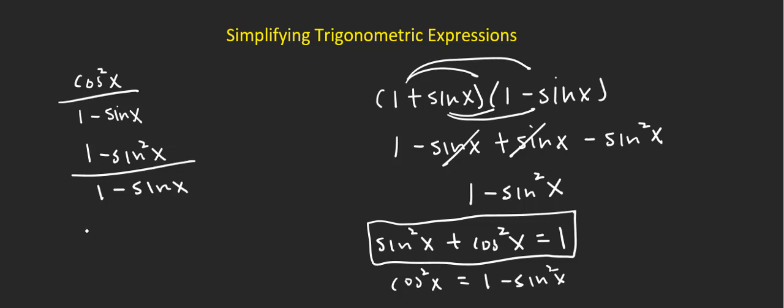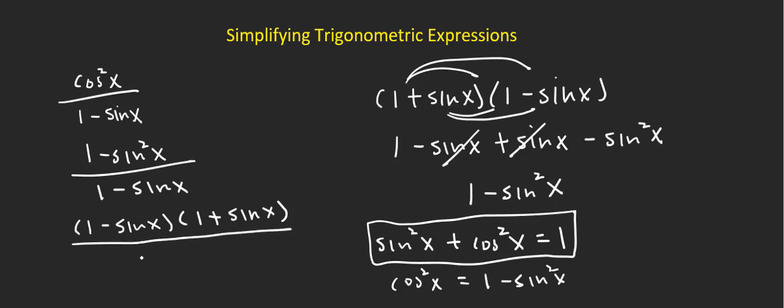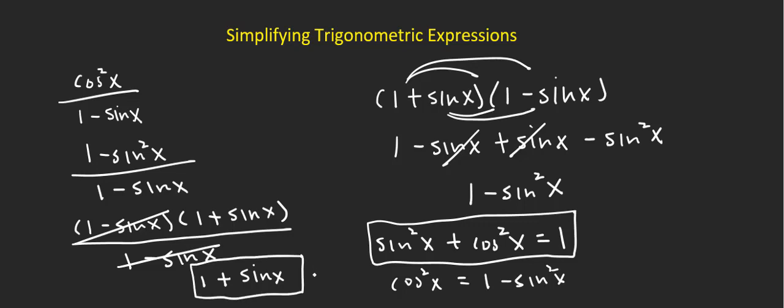If you factor this out, you'll get 1 minus sine x, quantity 1 plus sine x, over 1 minus sine x. This cancels out, and you're left with 1 plus sine x. And that is your simplified form of this expression.